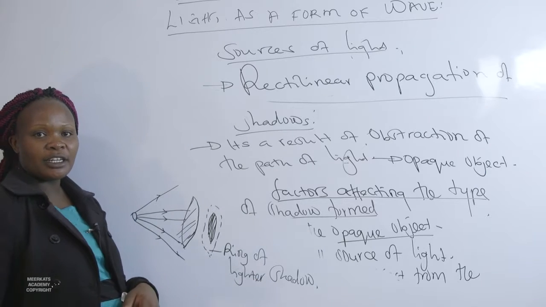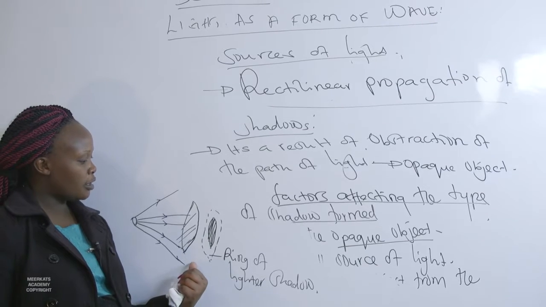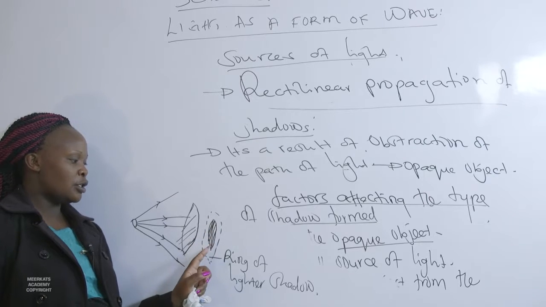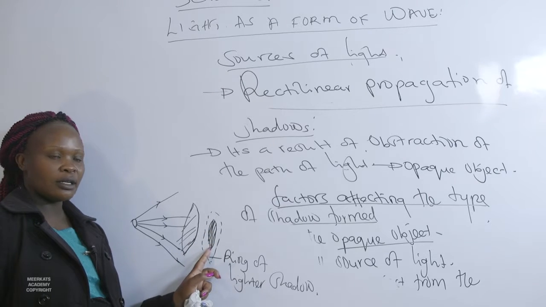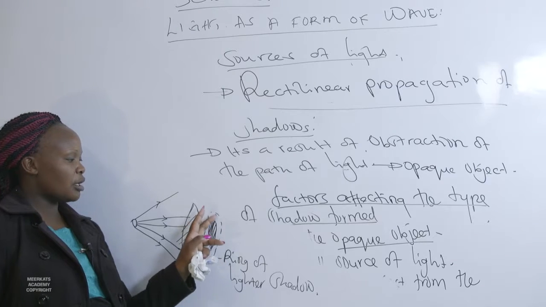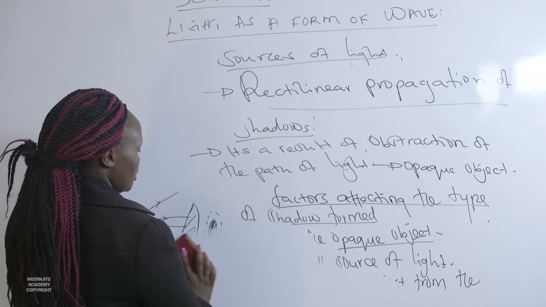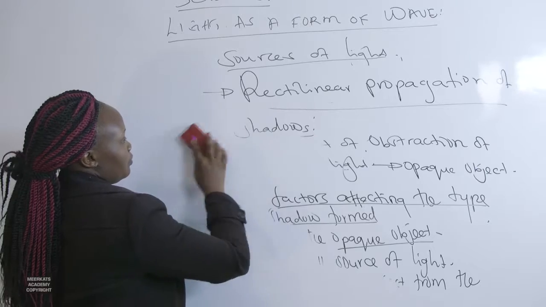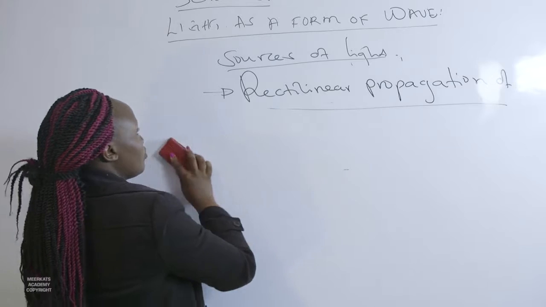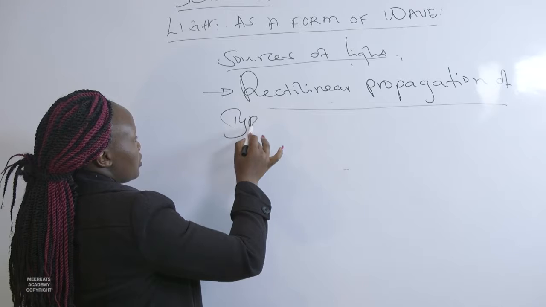Remember that a shadow resembles the shape of the obstacle, and therefore you will have a smaller shape of the obstacle at the center, which will be totally dark, and there will be something brighter around it. And that brings us to the types of shadows.